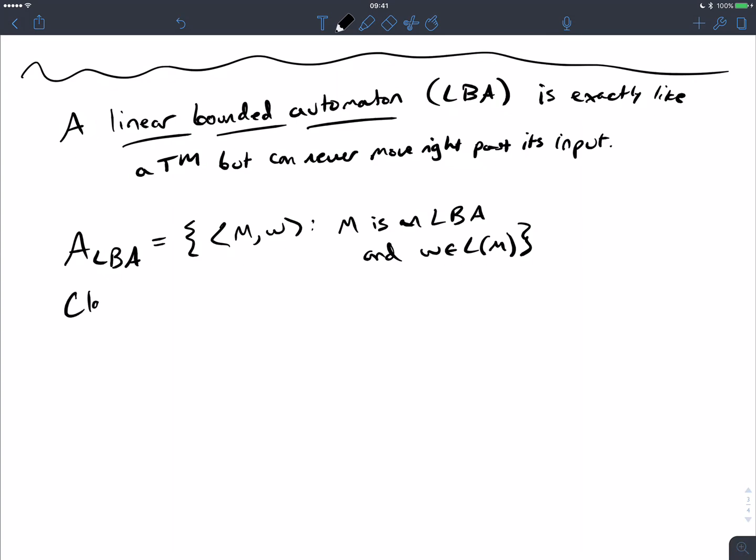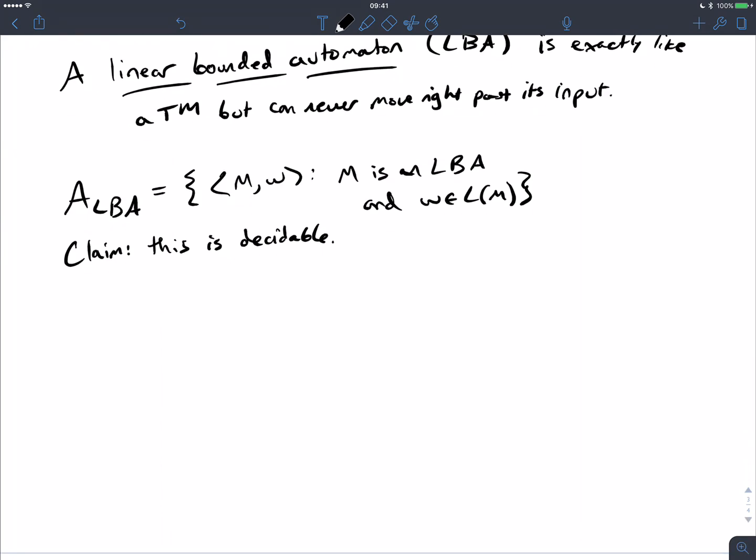So I claim that this is actually decidable. This is right on the borderline between what is decidable and what isn't. If we limit the tape size, we can actually get decidability. So that actually proves that there are some Turing machines that need more space than what's given on the input. Because if they don't, then this is essentially the same as A_TM, but this is decidable.